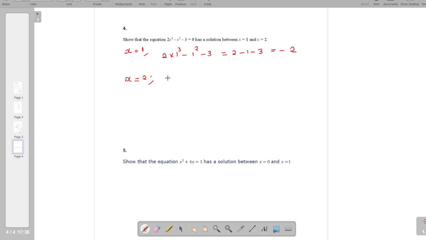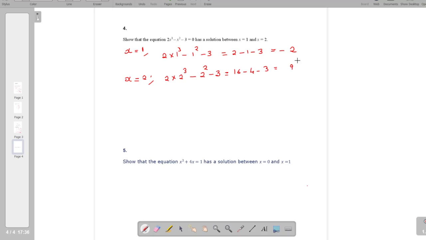When x is equal to 2, there will be 2 times 2 to the power 3 minus 2 to the power 2 minus 3. That will be 16 minus 4 minus 3. So that will be 12, take away 3 is 9.